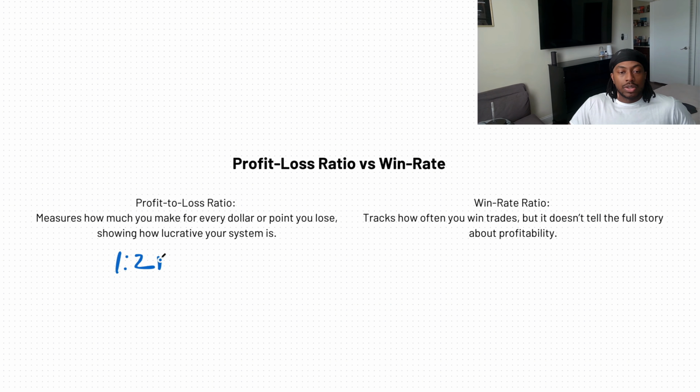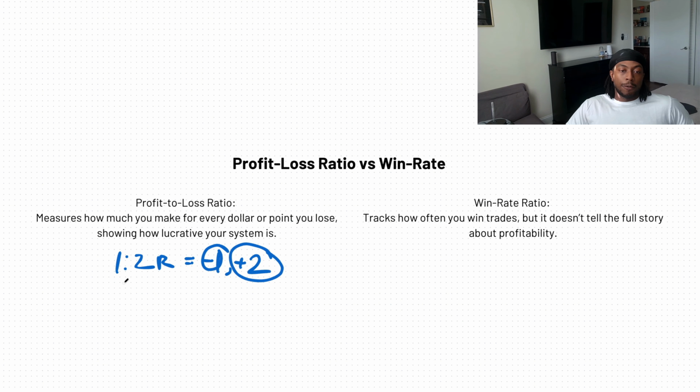That means every time I place a trade and I risk $1, I'm aiming to make $2. So if I place a trade and I lose, I lose $1. And if I place a trade and I win, I make $2. Okay, which seems pretty fair.